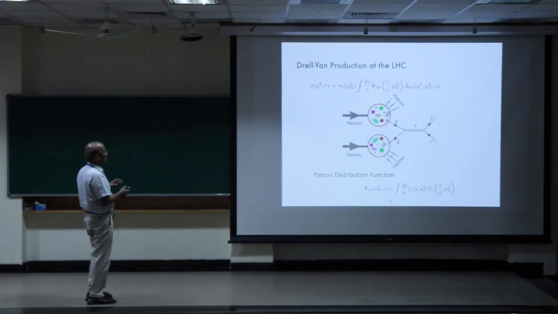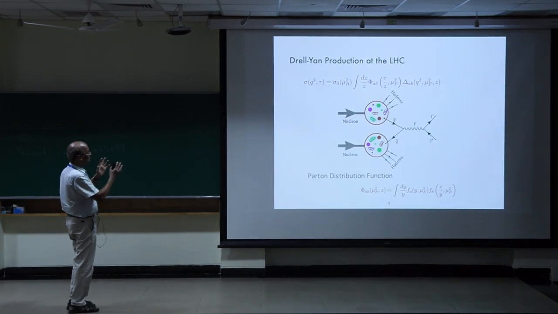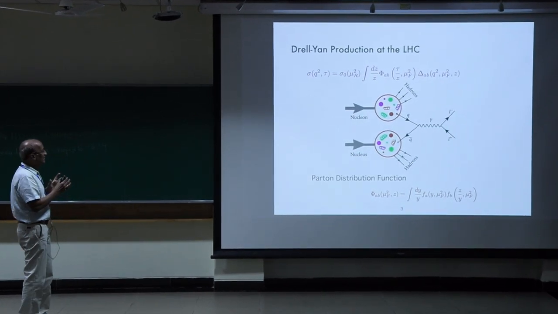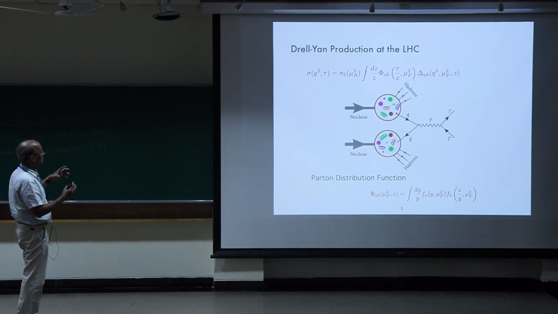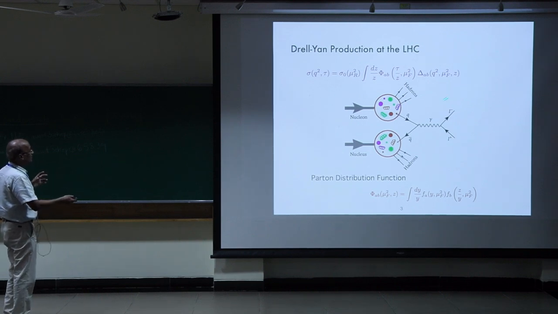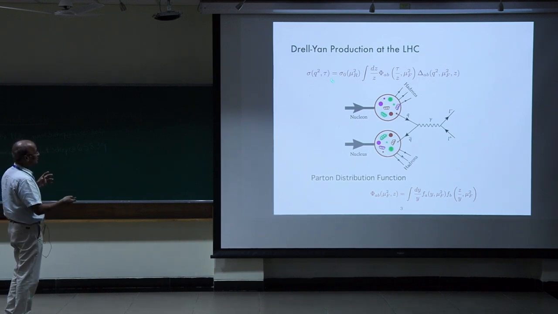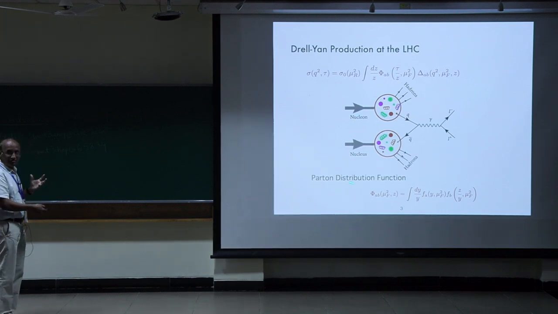As you all might have heard, for LHC physics, the Drell-Yan process is one of the important processes for measuring, let's say, luminosity and things like that. And if you want to really measure luminosity, you have to use a formula of this kind, and the formula contains something called the flux of the incoming partons in the incoming hadron states.